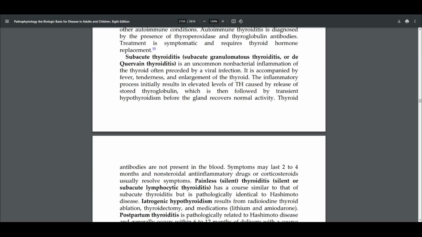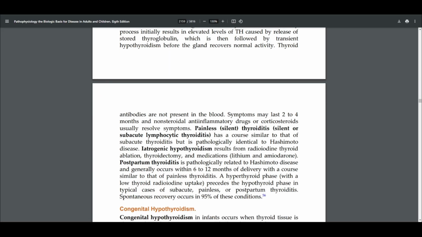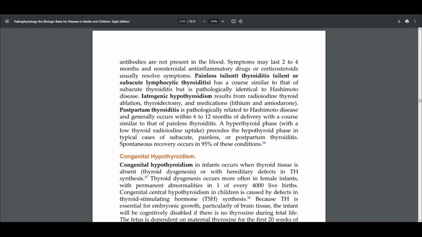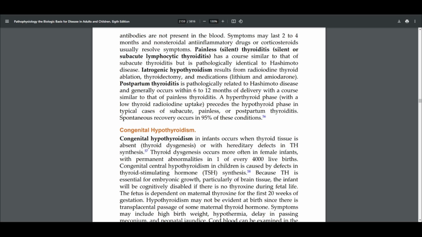The inflammatory process initially results in elevated levels of TH, caused by release of stored thyroglobulin, which is then followed by transient hypothyroidism before the gland recovers normally. Thyroid antibodies are not present in the blood. Symptoms may last 2 to 4 months, and nonsteroidal anti-inflammatory drugs or corticosteroids usually resolve them.